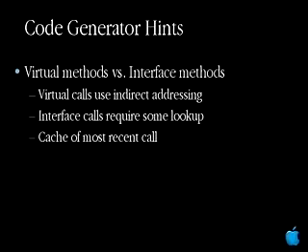Whereas an interface requires an actual search of the class to make sure we find the implementer of the class, and then it does an indexing into an array. So there's a little bit of overhead. Now in Hotspot, they're very clever where they've actually cached the last method that you called from a particular call point. So it's a little bit better in Hotspot, but it still has to go through a verification to make sure that it really is an instance of that class that is being passed through.